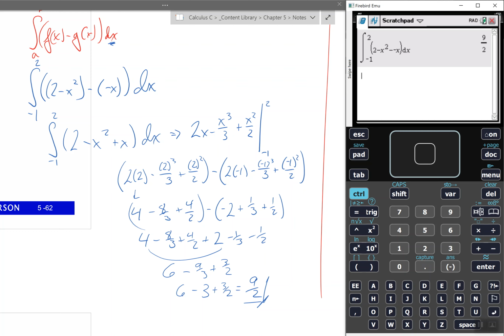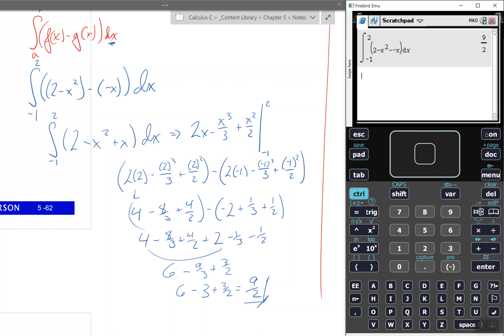And again, we end up with 9 halves. So very coincidental that this was the exact same answer, the exact same antiderivative as the first one. They were different functions in a different relation, but we ended up with the same area. It was probably a sort of mirrored graph of what we had originally. So again, just a coincidence that it worked out like that, but that's the general process.